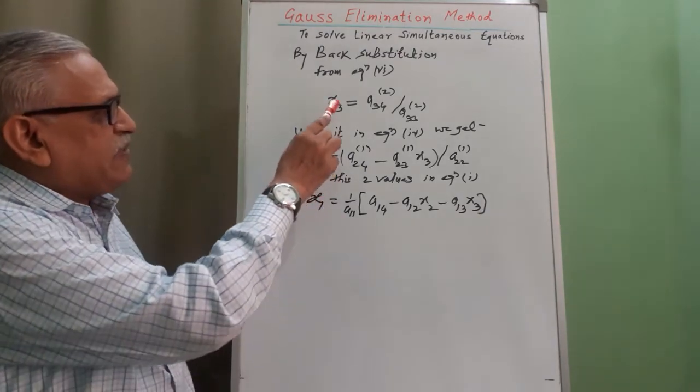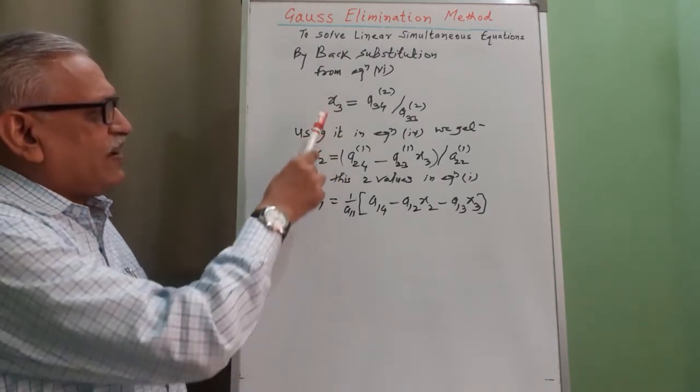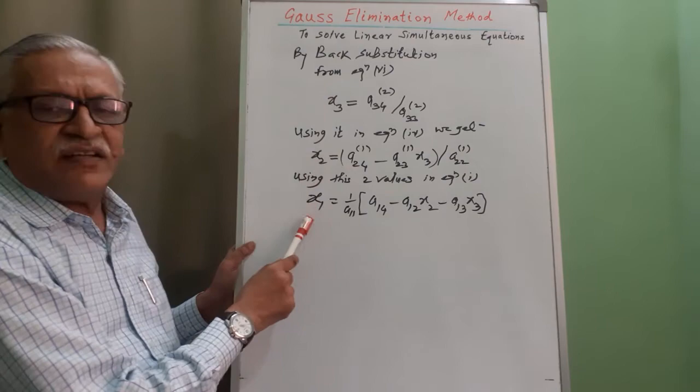So by back substitution, we get the values of x3, x2 and x1.